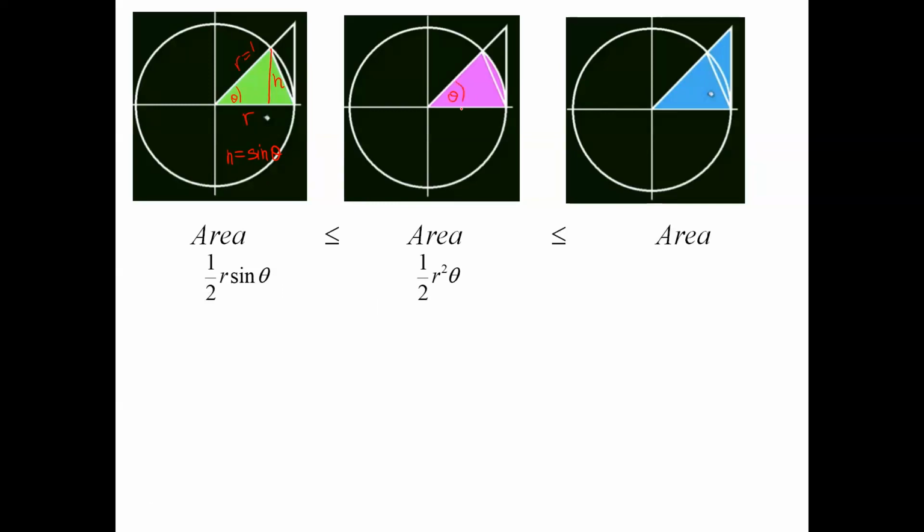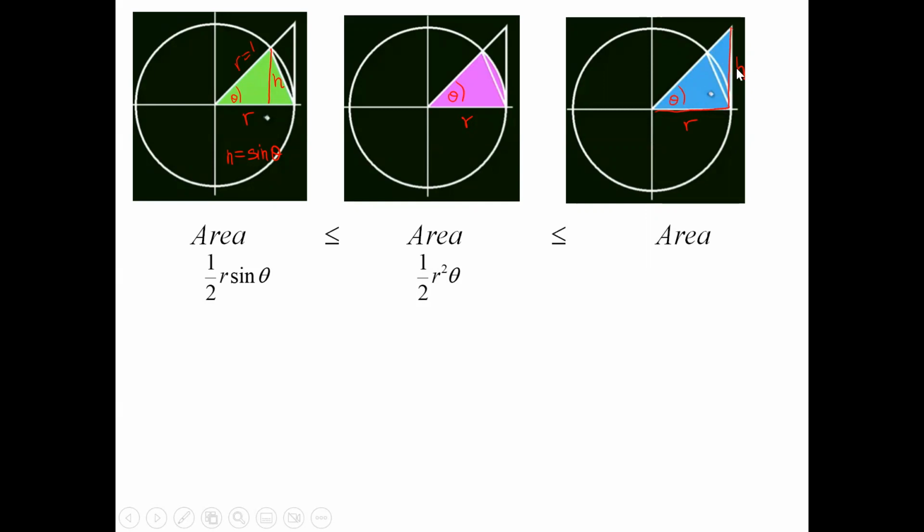And this is, of course, r. Now, the blue triangle, similar to the first one, is 1/2 times base, which is r. For the height we may involve tangent, because we don't know the hypotenuse, so we will not involve the sine function.